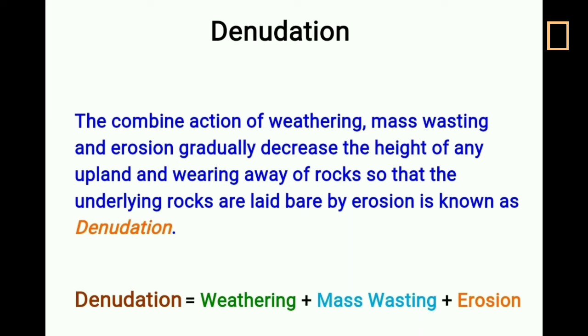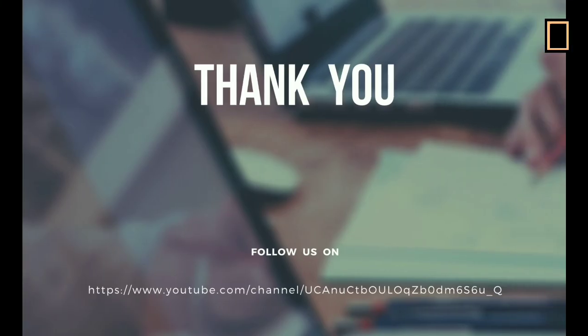Actually, denudation is the combined action of weathering, mass wasting and erosion. It acts collectively to wear away rocks or the surface whereby the underlying rocks are laid bare. So, we can say denudation equals weathering plus mass wasting plus erosion. Thank you.